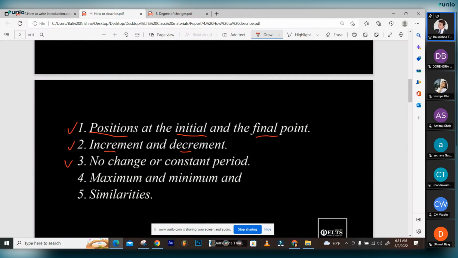There wasn't much. Positions at the initial and the final point, nothing much to explain about this. But we need to talk about point number 2, increment and decrement, in detail. Let's check it out.